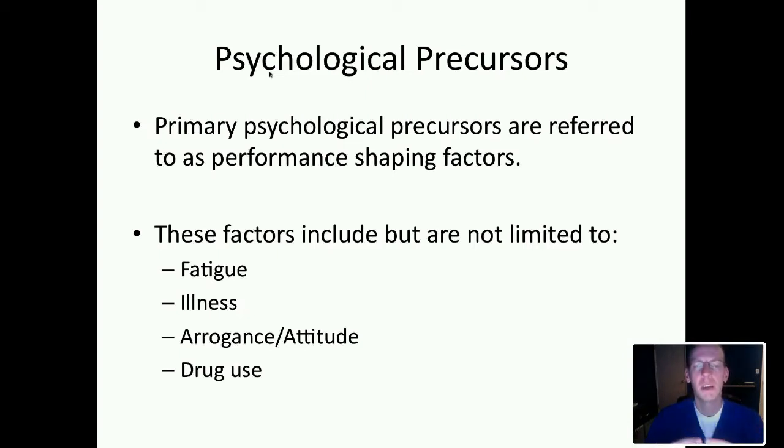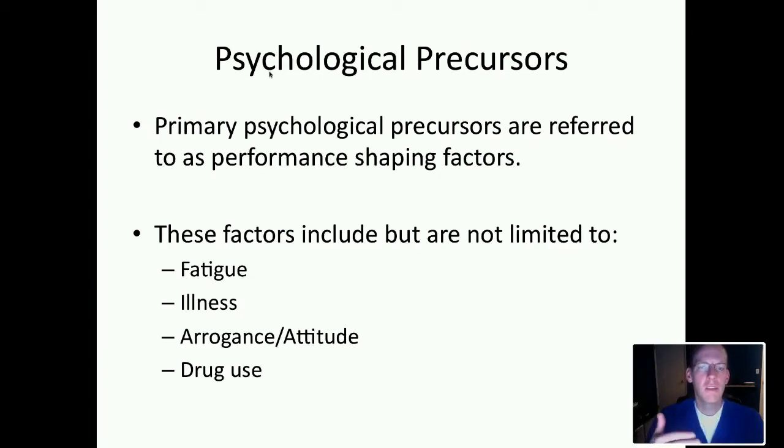Fatigue. We know that fatigue is an independent predictor of poor performance. Illness, both physical or mental. Arrogance or hazardous attitudes. The people who feel that the rules don't apply to them may be more prone to errors. Drug use, both prescribed or illicit.